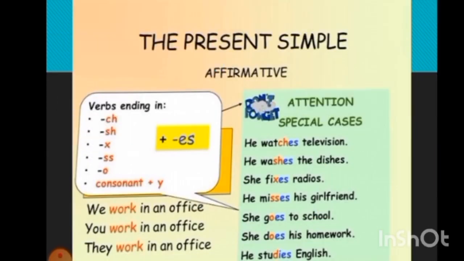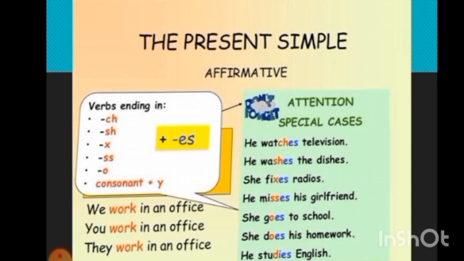Or we can also use es. You can see that in this slide I have tried my best to give you more detail about the simple present tense. If a word ends with the sound or letters ch, sh, x, ss, o, or a consonant followed by y, we add es automatically.